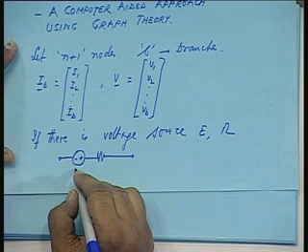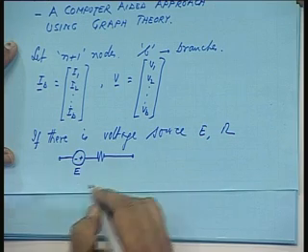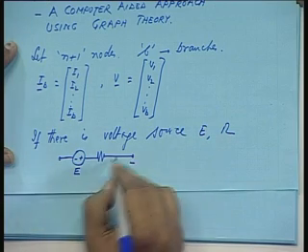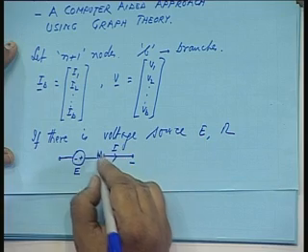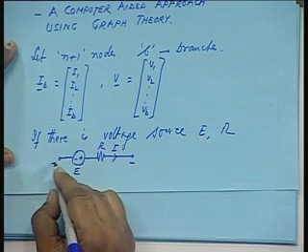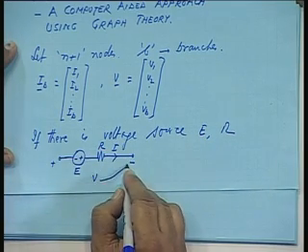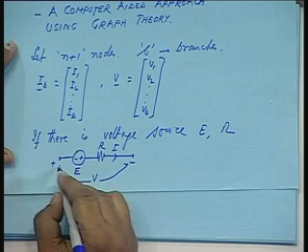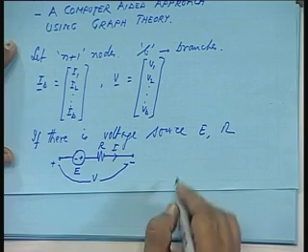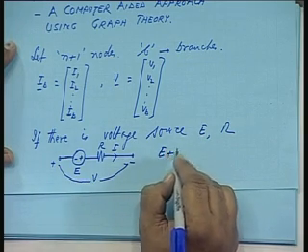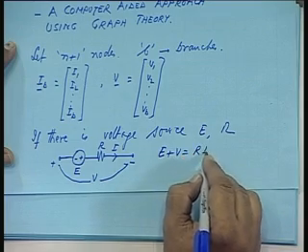This is E, this is current I, this is R and this is V, the element voltage V. Then E plus V will be equal to R into I.